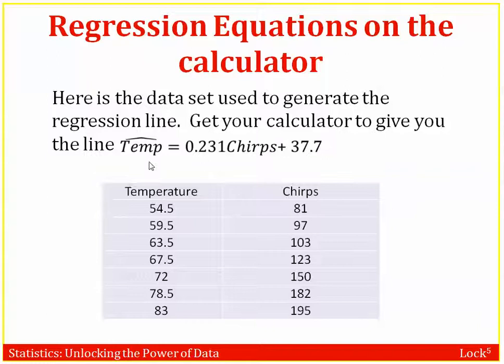If you plug in the temperature as the explanatory variable, it'll give you a regression line, but these numbers won't be measured in temperature. These numbers will be measured in chirps per minute. And this slope will not be measured in temperature per chirps per minute. It will be measured in chirps per minute per degree temperature change.